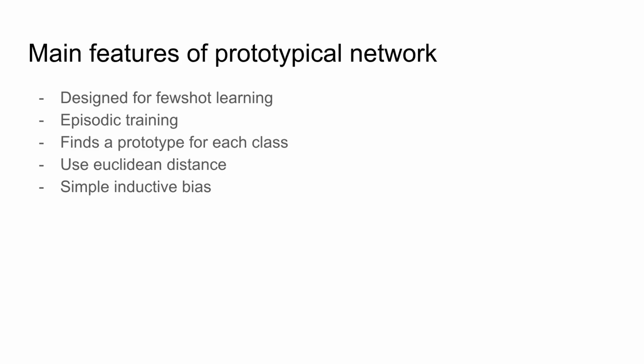What it does is sample a few class labels from the training set, and then for each of these training classes it takes a few samples. For example, it might take say 5 examples per class, and then it builds a set of those examples, which is called the support set.